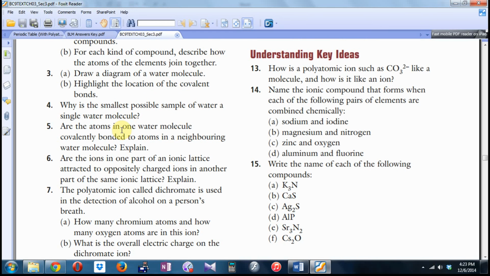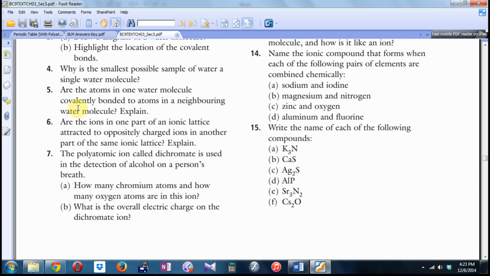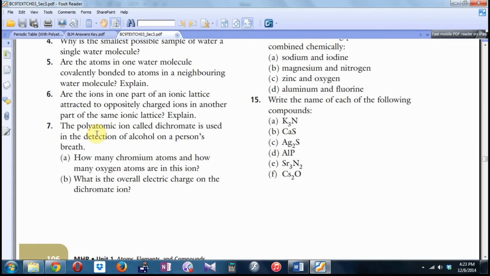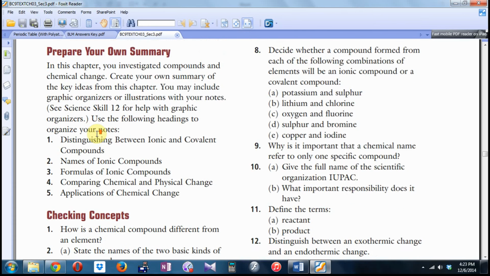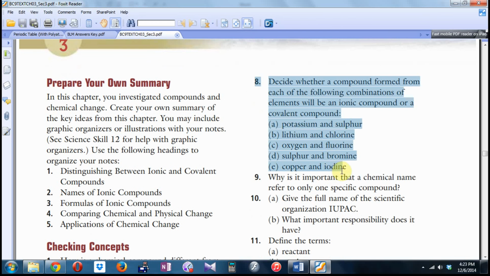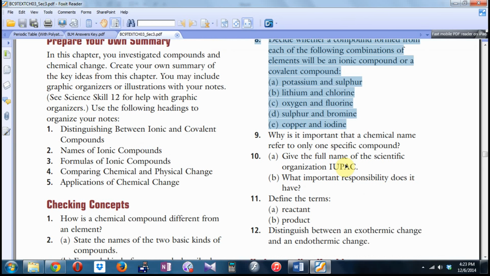Don't worry about number 4. Questions that I like. Certainly number 8, you should be able to tell whether things are covalent or ionic. Again, if it's got a metal plus a nonmetal, it's ionic. If it's 2 nonmetals, it's covalent. That's not quite right, but it will be right always in Science 9.